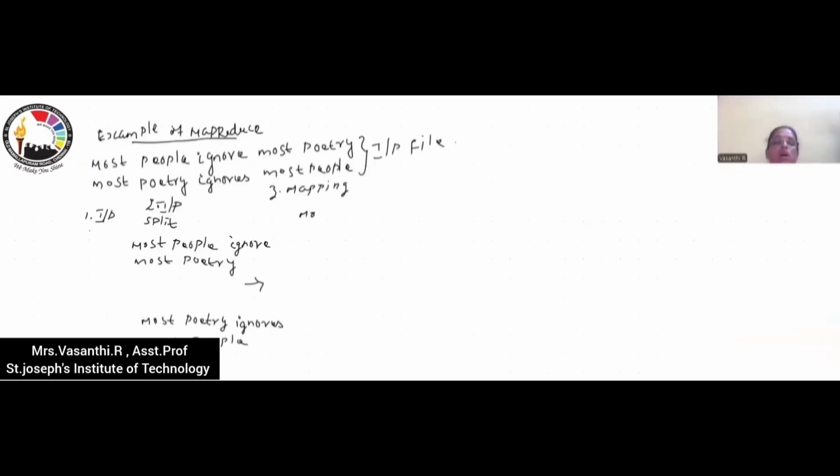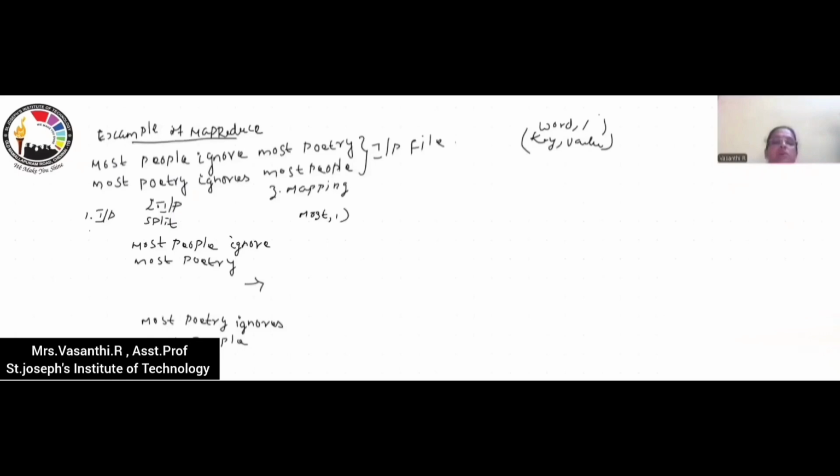This is the key, because we are representing key comma value. The key is the word and the value is how many times it occurs. That value is 1. So the first word is most, that is the key, and the value is 1.